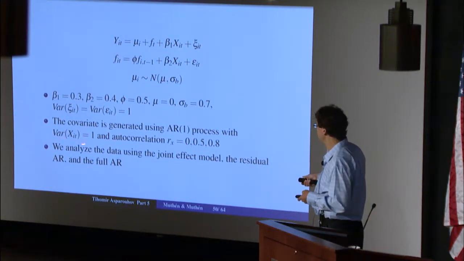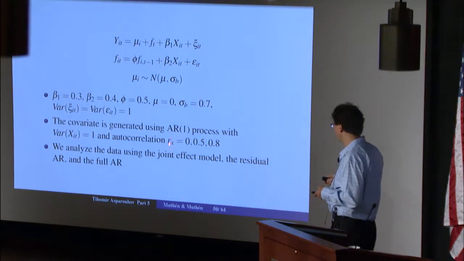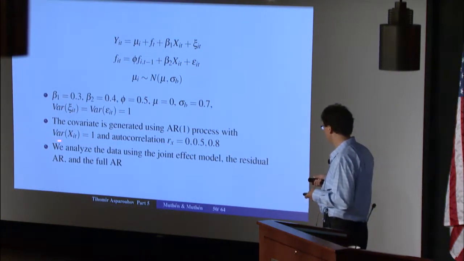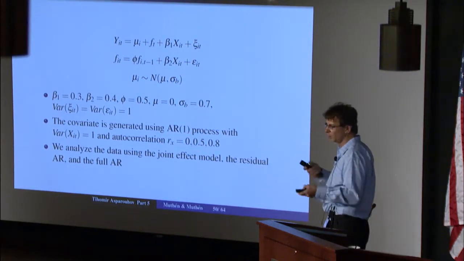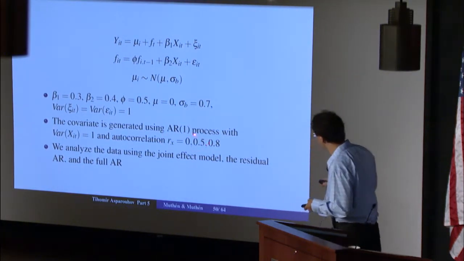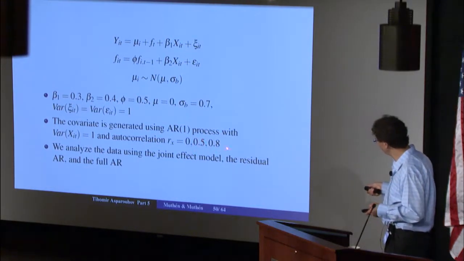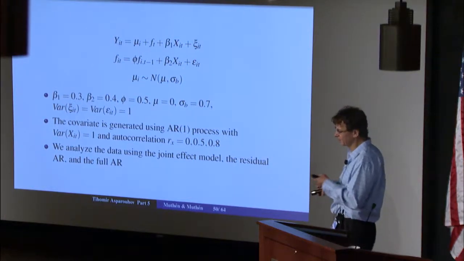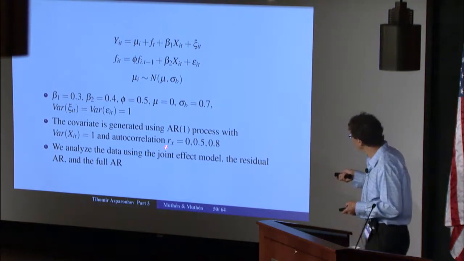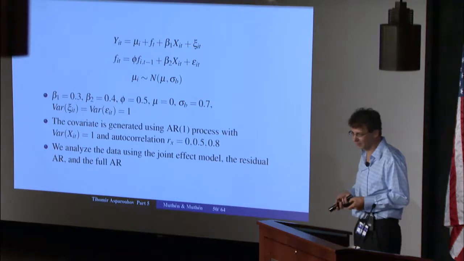We generate it from an AR1 process, and we vary the autoregressive coefficient for that generation process. When Rx equals 0, the covariates are independent of each other. And as Rx converges to 1, the covariate becomes a lot more like the time variable.